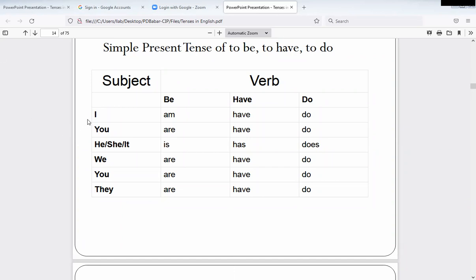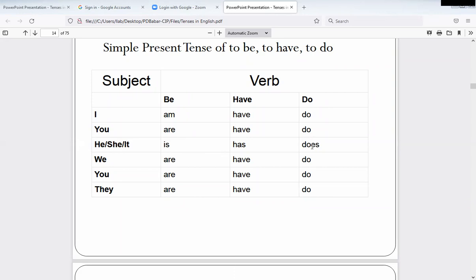So if the subject is I, you, we, they, then for I we will use am. For I we will use have. For I we will use do as a verb. For you we will use are. You have, you do. He, she, it is. He, she, it has.